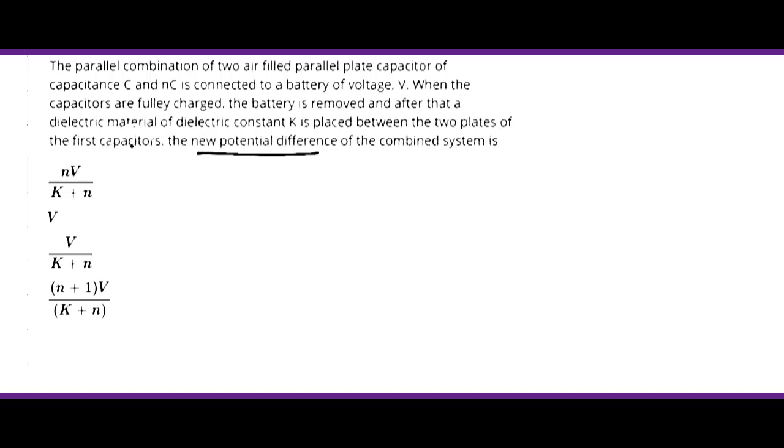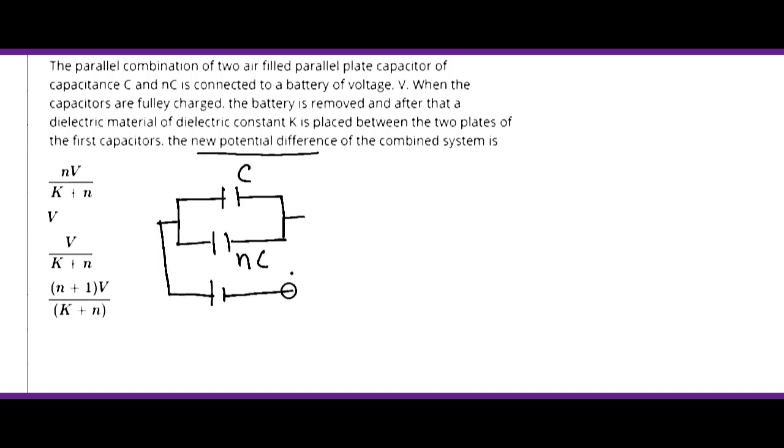Okay, so if we draw the diagram when the battery is connected, it will be like this. So these are the capacitors, this is C and this is NC. Okay, and the battery is connected in this way.